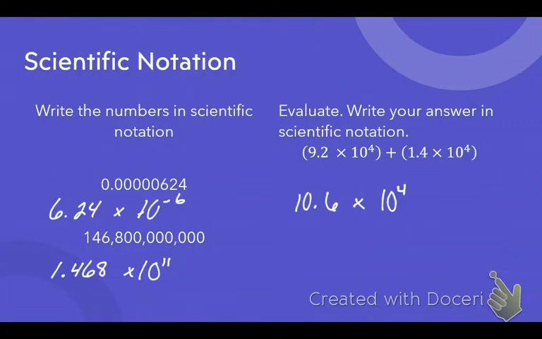So, William, where does my decimal need to go? 1.06. Now, if I bump my decimal left, what happens to my power? I have to add 1 to my power. Does everybody understand why I added 1 to my power? Okay, 1.06 times 10 to the fifth power.